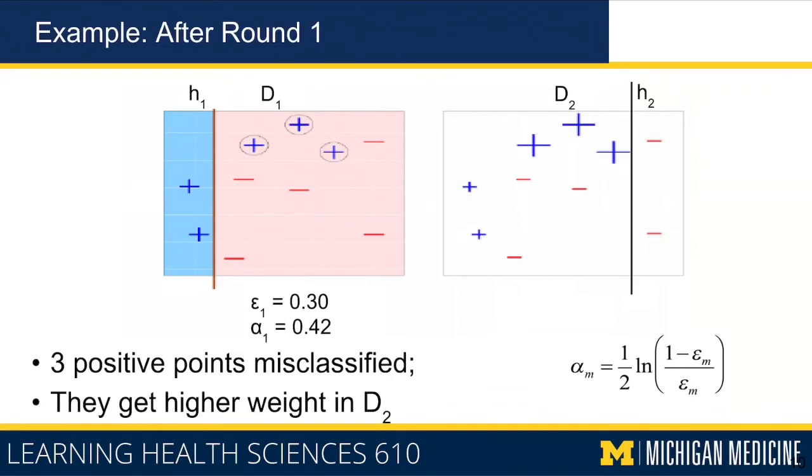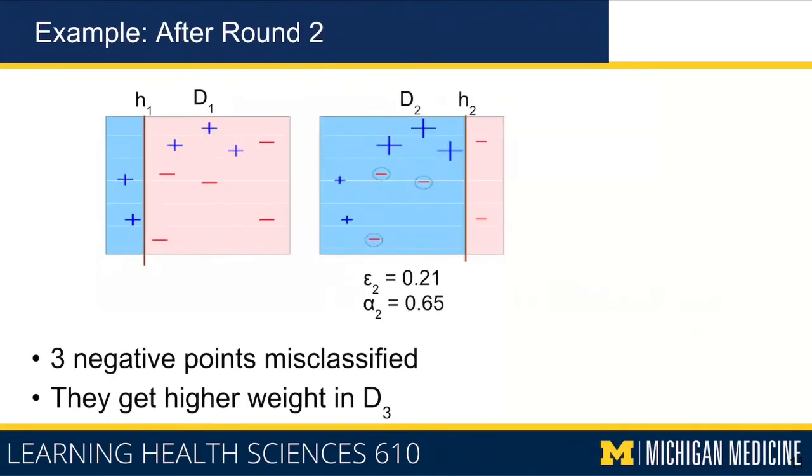And let's say in this case, this H2 is trained here, where again, the points on the right of this line are negative. So those 2 points are correctly classified. The ones on the left are positive. All positive points are correctly classified. There are 3 negative points that are misclassified, correct? So you have these 3 points that are misclassified, but note that their weights were lower.